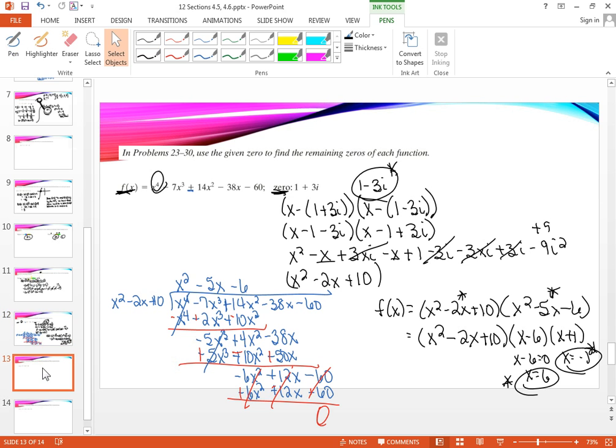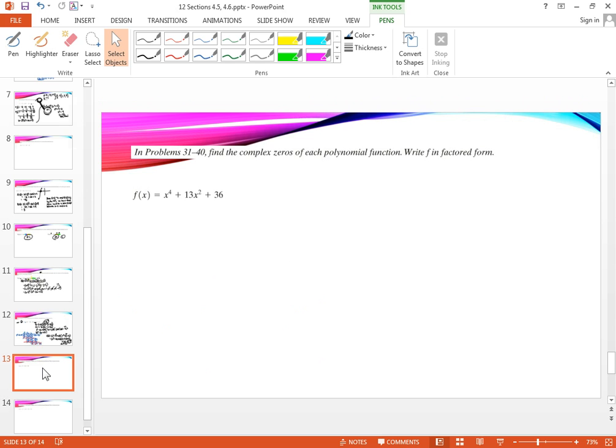All right, let's look at this one. Okay. I just want to show you this one. Okay, so suppose I give you this and I tell you to factor it. Find all the zeros. The only thing to do to start, you might consider going at the rational zero theorem.